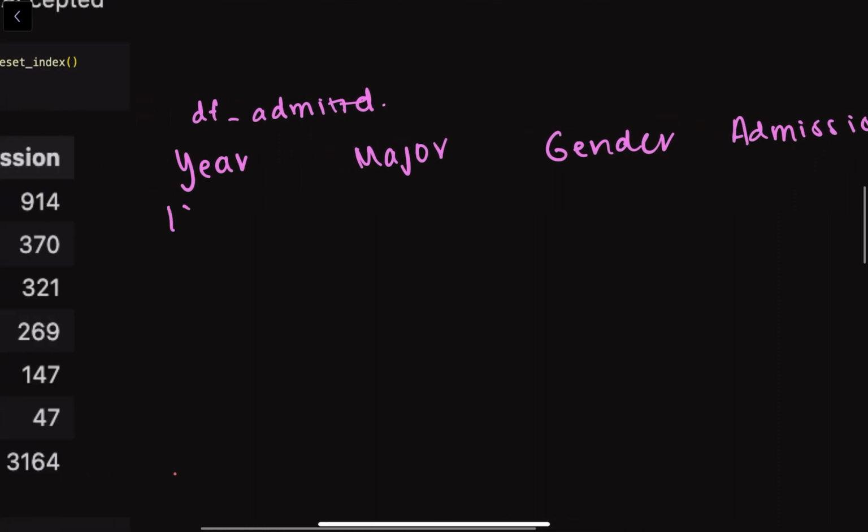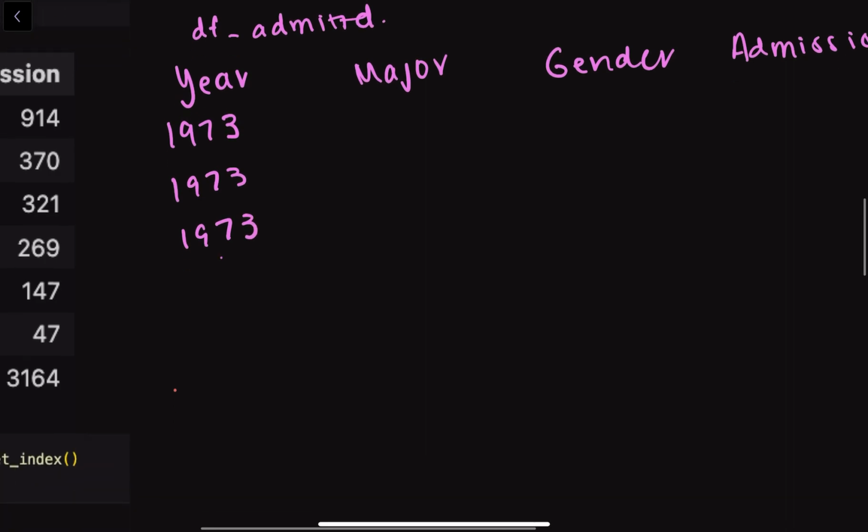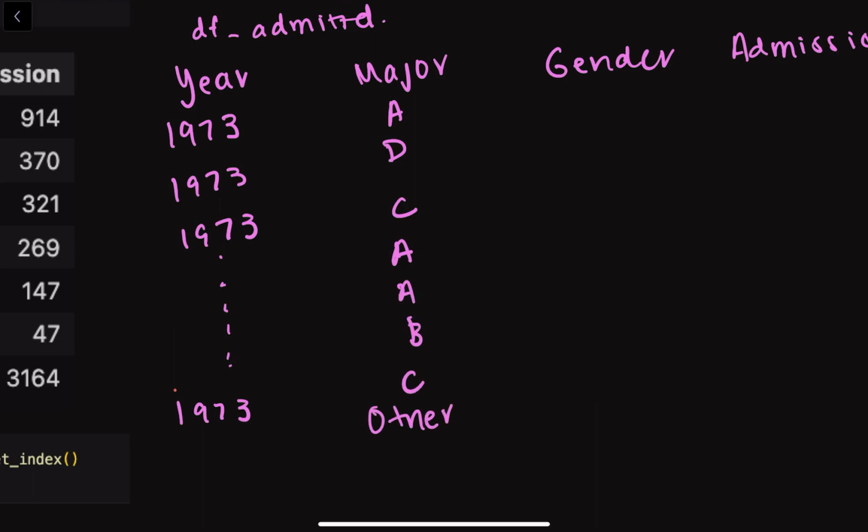Okay, so the year for everyone is going to be 1973 because this was the graduate program in the fall of 1973. The major is just going to be the majors they applied to. They're just random. Let's say there's another A, there's a B, there's a C, and there's an other.